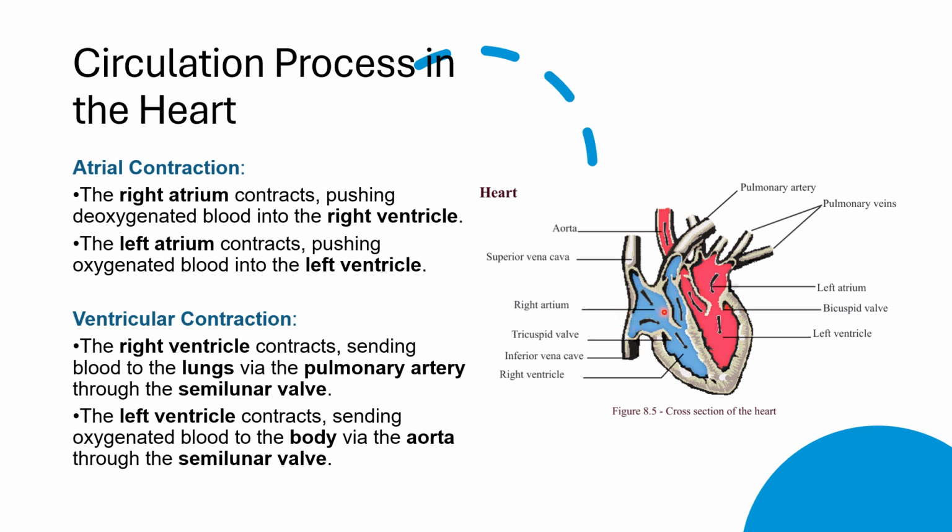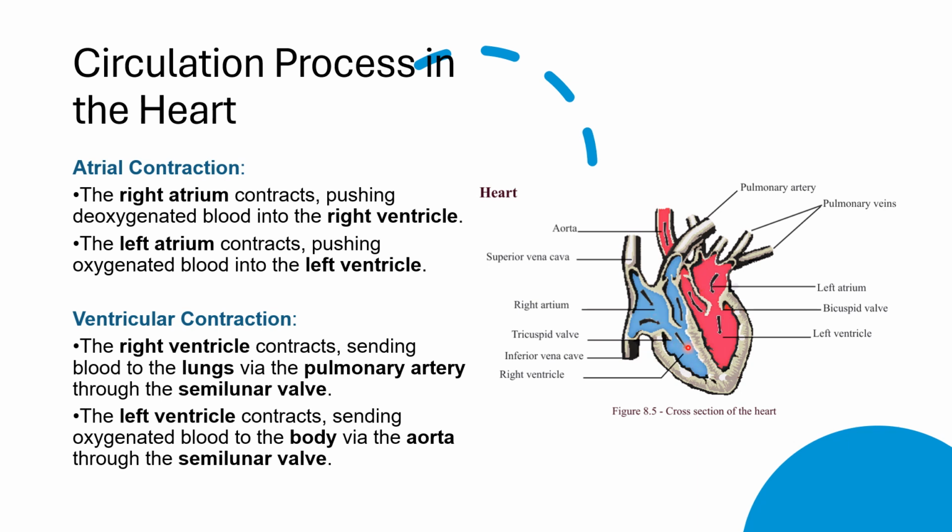The right atrium contracts and pushes the deoxygenated blood into the right ventricle, and the left atrium contracts and pushes oxygenated blood into the left ventricle. So that is known as atrial contraction, the contraction which takes place in the atrium.